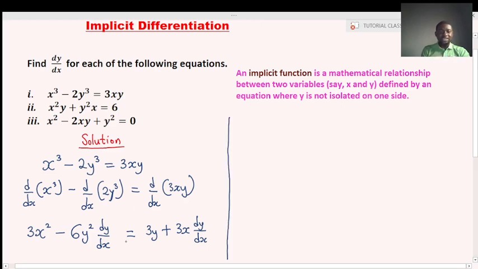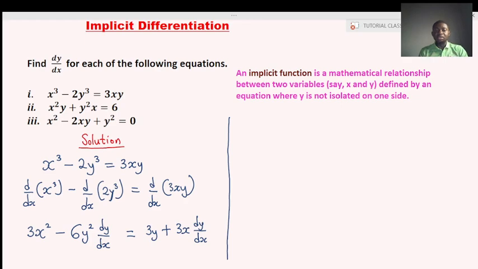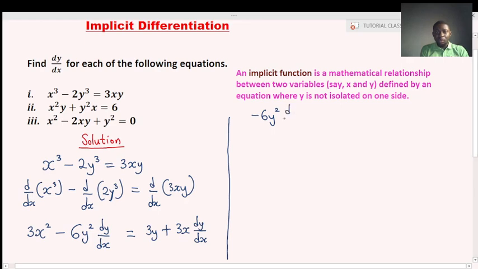So after doing this, what we then need to do is to make dy/dx the subject of the formula, the fastest way you can. So going further here, I can say let this one be minus 6y squared dy/dx. Bring this to that side, that will be minus 3x dy/dx equals 3y minus 3x squared.